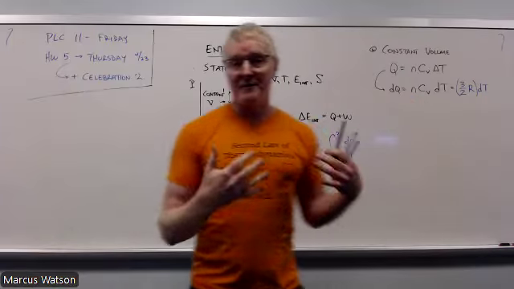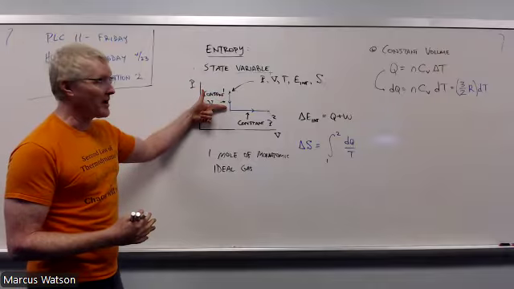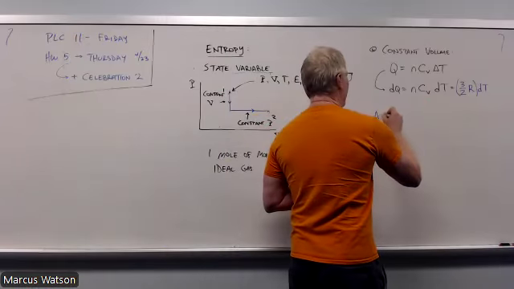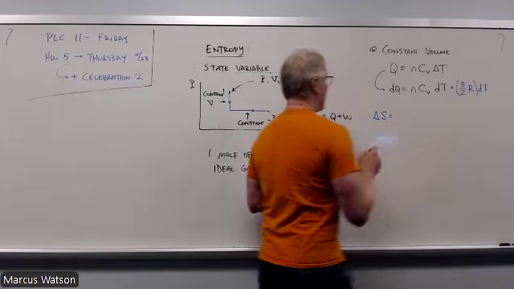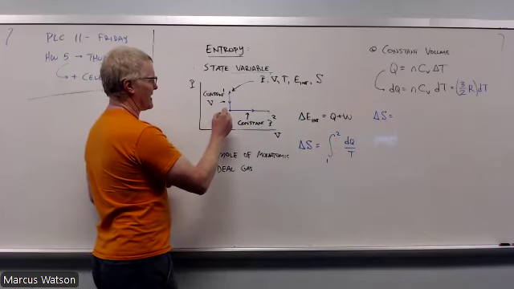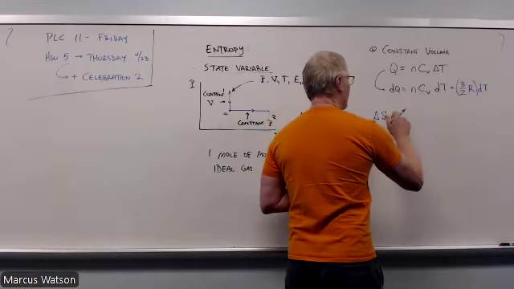If I then want to find the change in entropy as I drop from state 1 down to the pressure of state 2, I could do that by saying delta S from 1 to an intermediate state, like state A, so that I can label this.